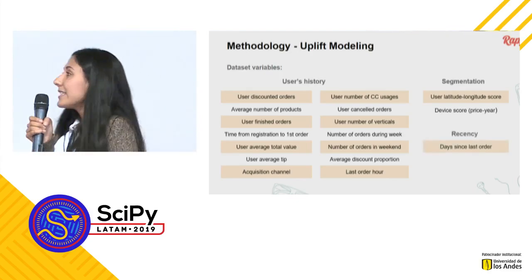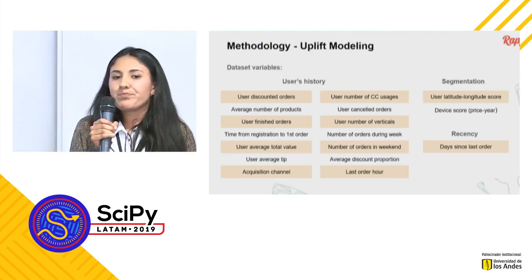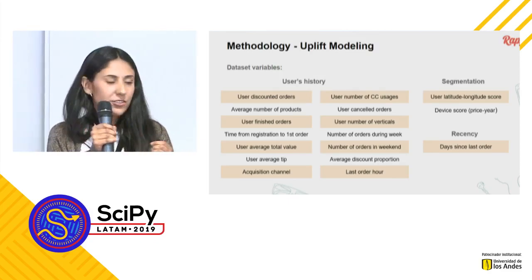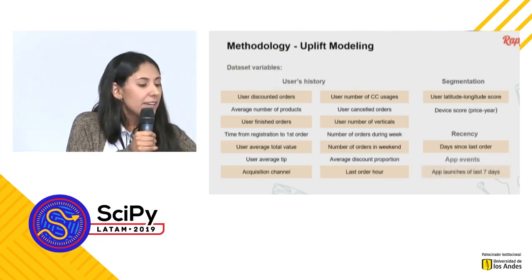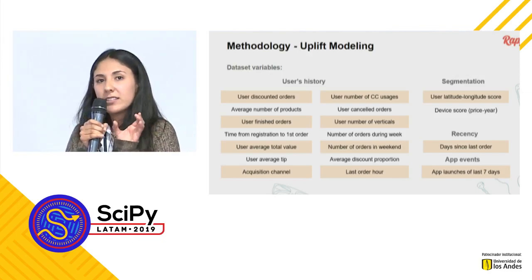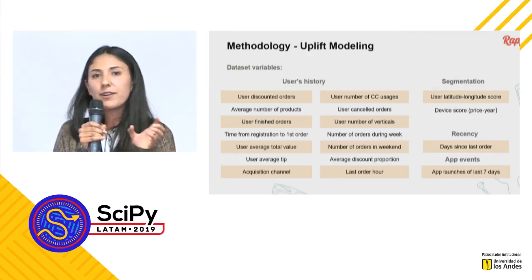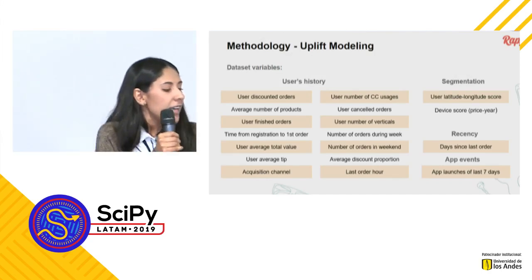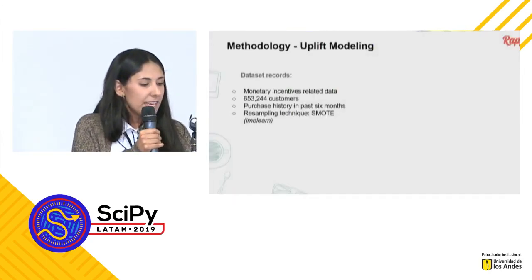We also have recency variables, that is the days that have passed since the last order of the user. And finally, we have also variables of the app events of the user, for example, the number of app launches that the user made during the last week. So with these variables, we built the model.